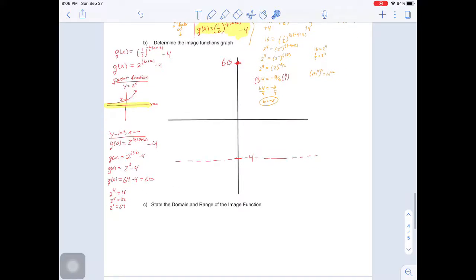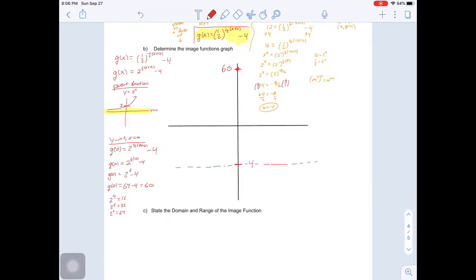Now what does that mean? That means my x-intercept has to be here, because remember, we didn't reflect this, so it looks like we're going upwards like this. So let's determine where the x-intercept went. Again, that is when your y equals 0, or your entire function equals 0, which means the same thing.